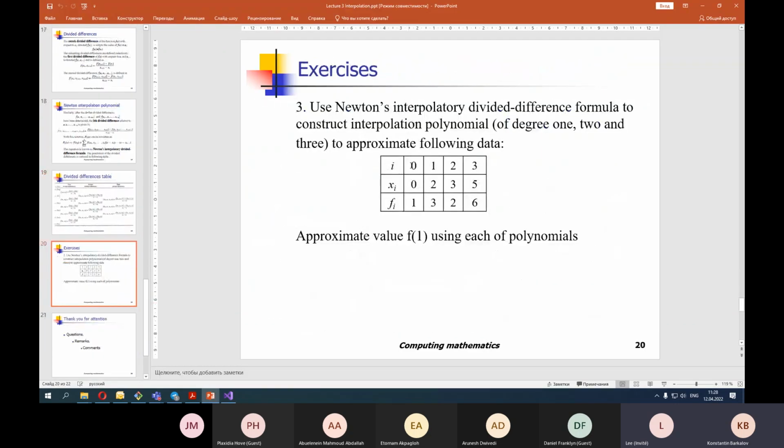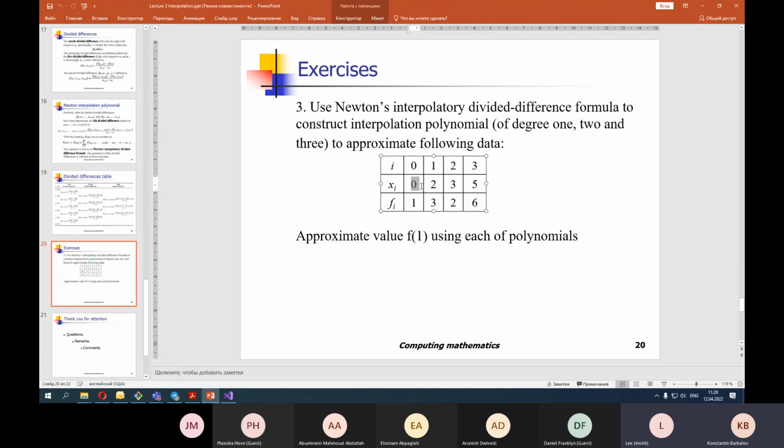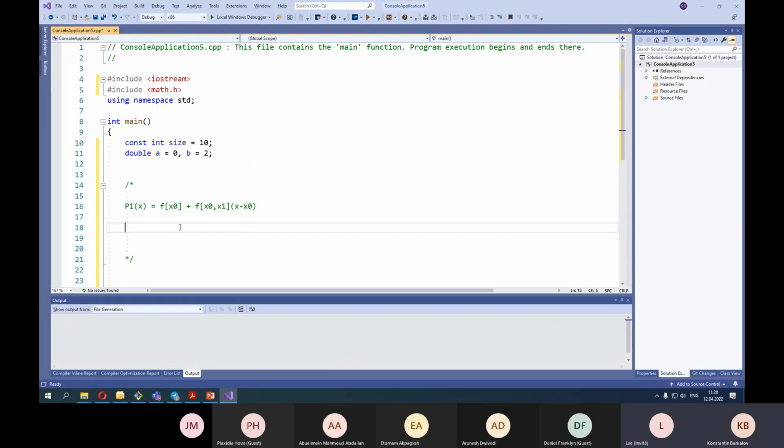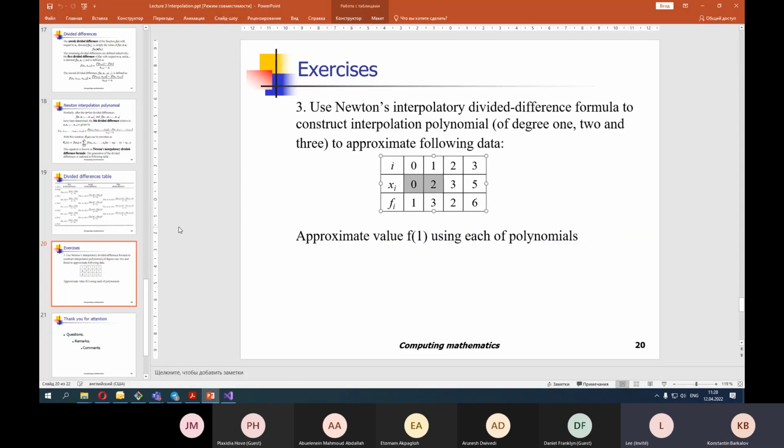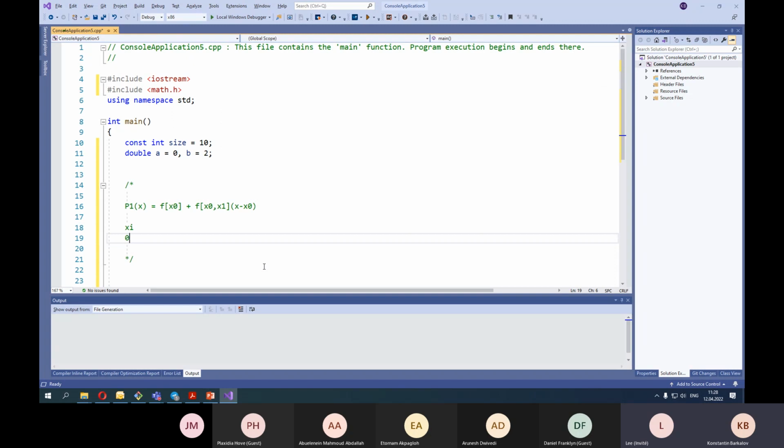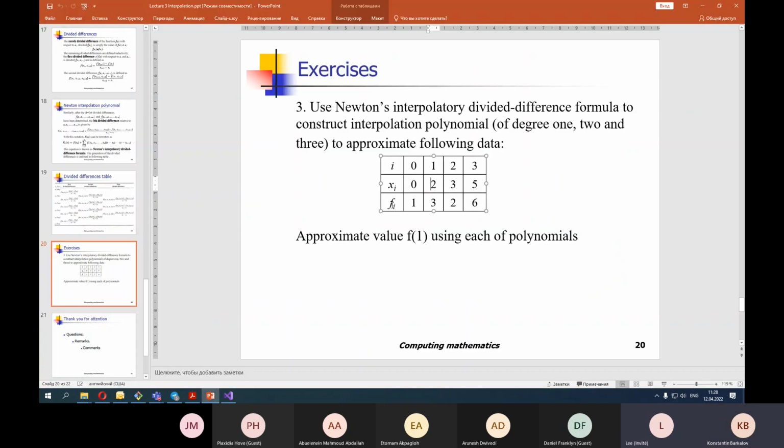To understand how this Newton interpolation formula works, let's solve this exercise. Let's take this table of values, but let me write this table in the following form. Here xi, let's take the first 2 points, 0 and 2. And let's write a second column, fi: 1 and 3.